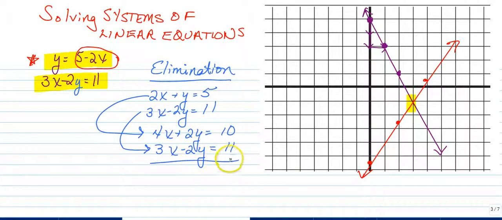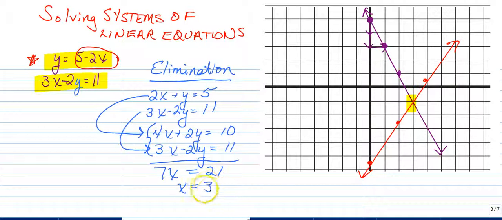The object is to eliminate x or y. Now if we take these two equations and add them together, you will see that the y's are eliminated, or they drop out, because 4x plus 3x is 7x, 2y plus negative 2y is 0, and 10 plus 11 is 21.